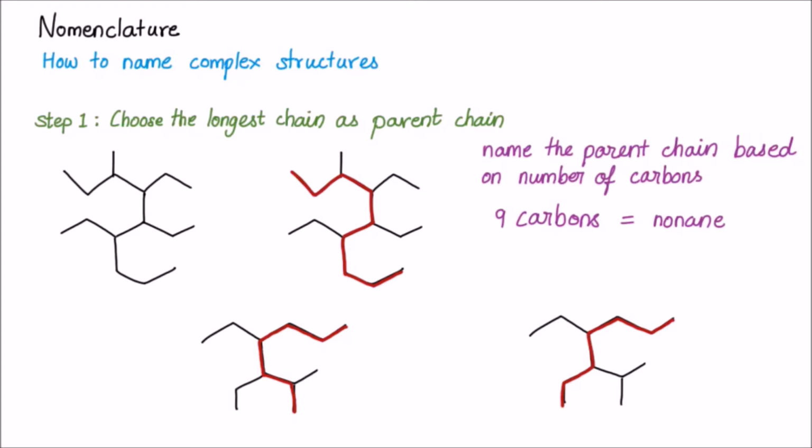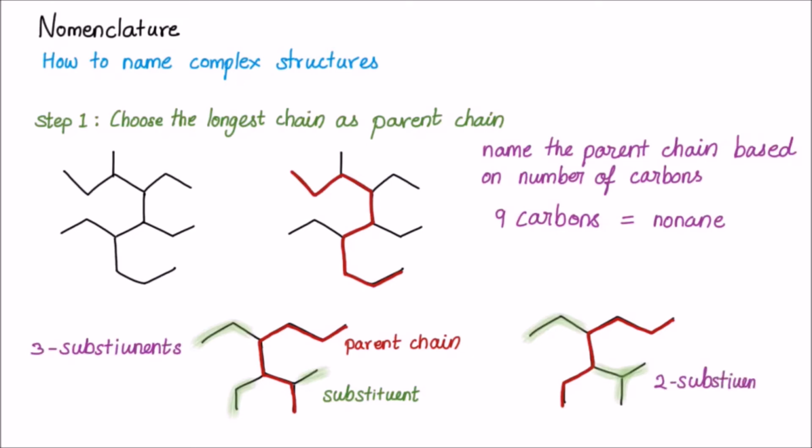We need to count the number of substituents attached to that parent chain. The red one is the parent chain and the green ones are substituents. Those are the branches attached to the parent chain. If you count the number of substituents, on the left side structure we have 3 substituents attached to the parent chain, and we have 2 substituents attached to the parent chain in the right side structure.